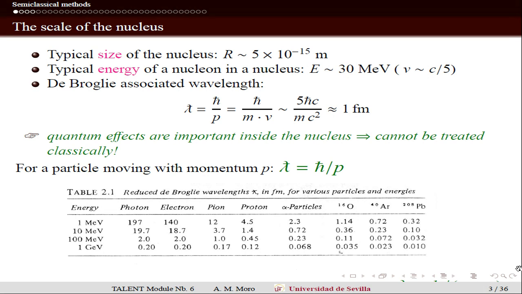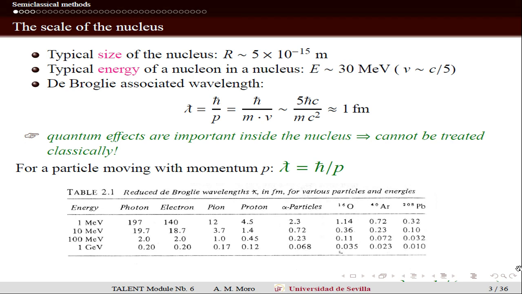However, if we consider in a reaction process the motion of the projectile and target relative to each other, this is again the wavelength of different particles, including the photon, at different energies.